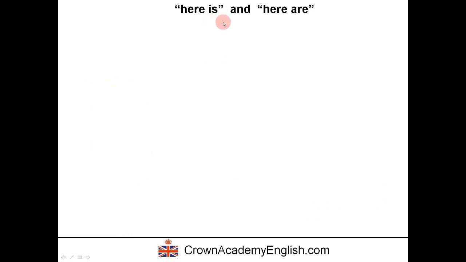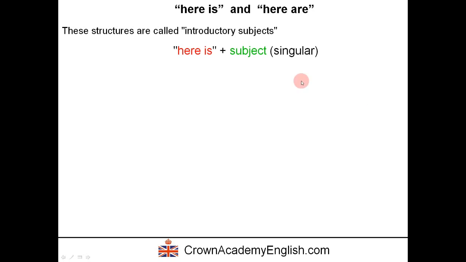Let's look at here is and here are. So these structures, here is and here are, we call these structures introductory subjects because they introduce the subject of a sentence. So the structure is, for the singular, here is followed by a subject or a noun.